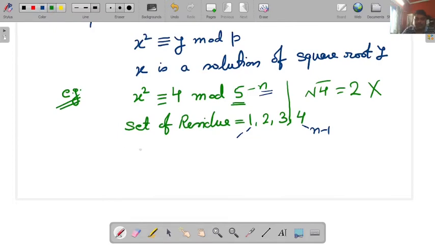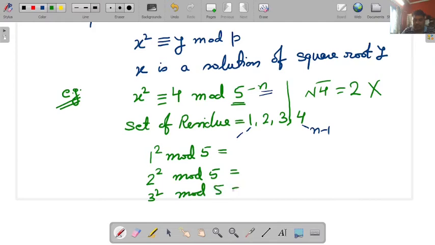Take the square of these: 1 square mod 5, 2 square mod 5, 3 square mod 5, because here it is a congruence. Congruence means we take the mod on both sides and get the same result. And last we have 4 square mod 5.